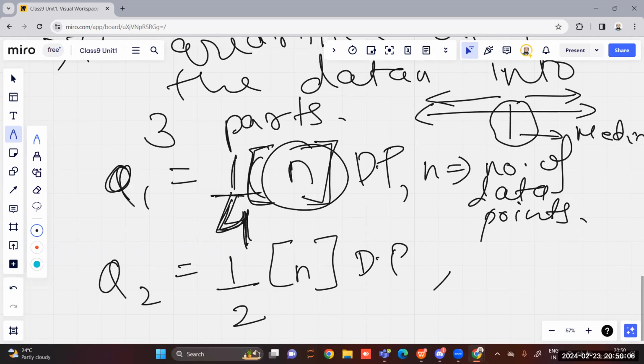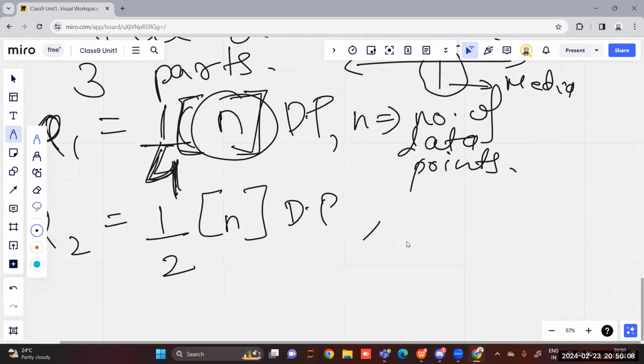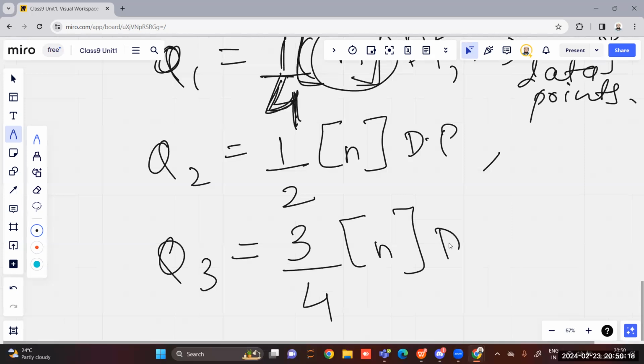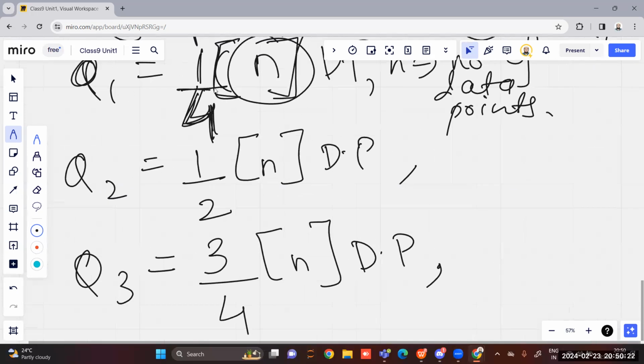And what is the third quartile? If we divide the data, 3/4 of the data points. First quartile is the first quarter, second quartile is the half, and third quartile is the third quarter of the data points.